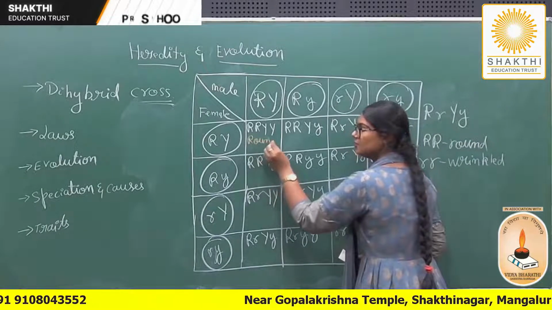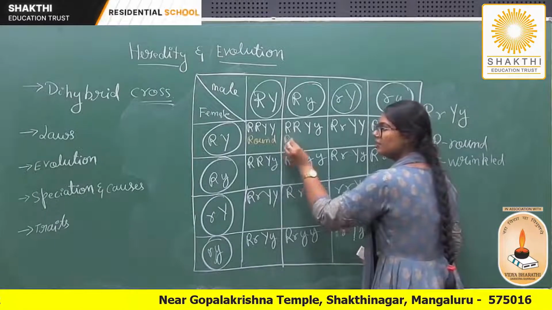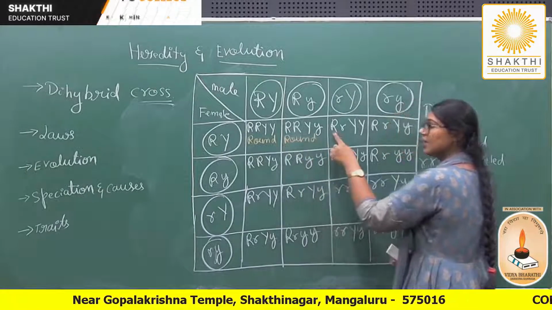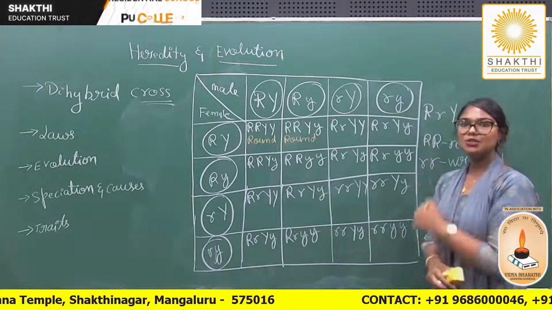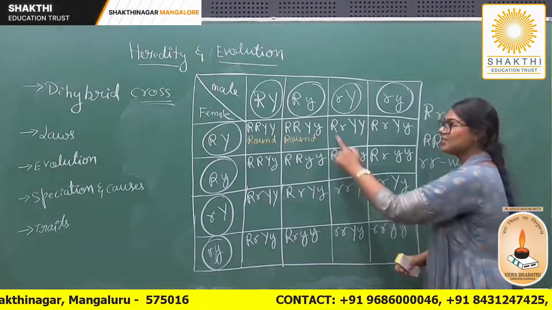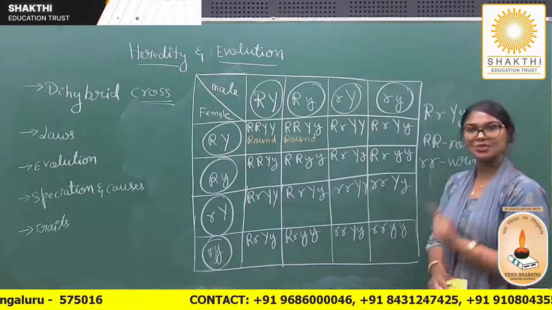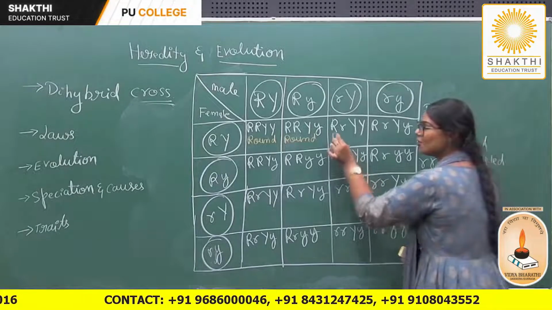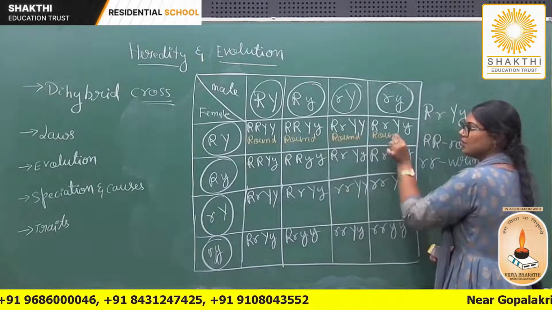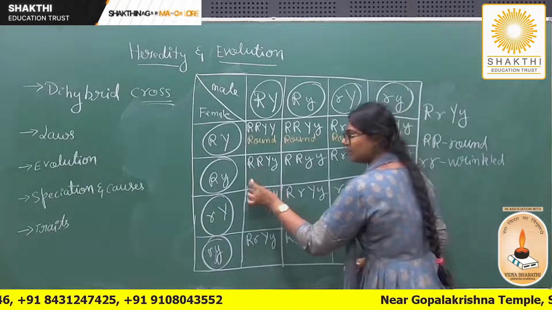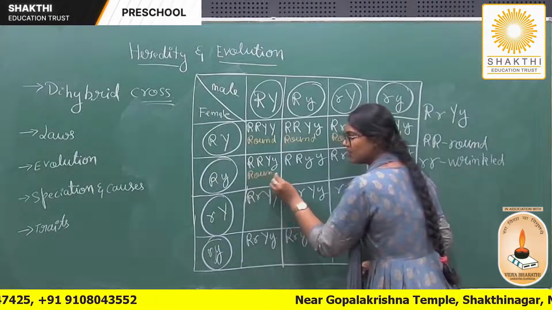So this is going to be round. Here again we have round. Here we have capital R, small r. If you remember the P2 generation, we had capital R, small r. What was that? It was round. So this is also going to be round, and this one is also round. Here again capital R stands for round.